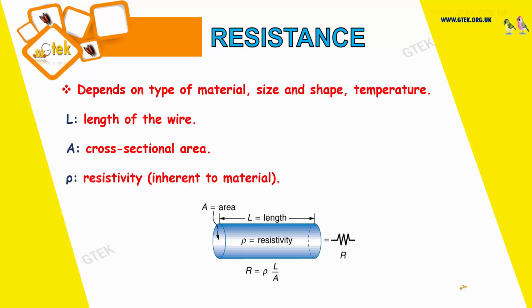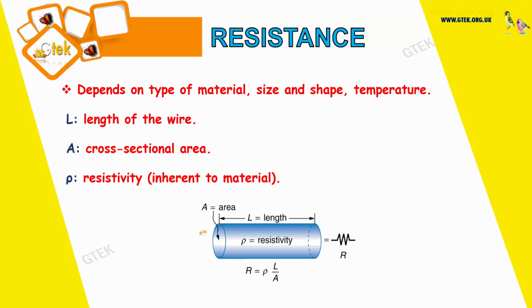Other than that, resistance depends on the type of material, size and shape, and temperature. L is the length of the wire, A is the cross-sectional area, and the resistivity is represented in this manner, which is inherent to the material.